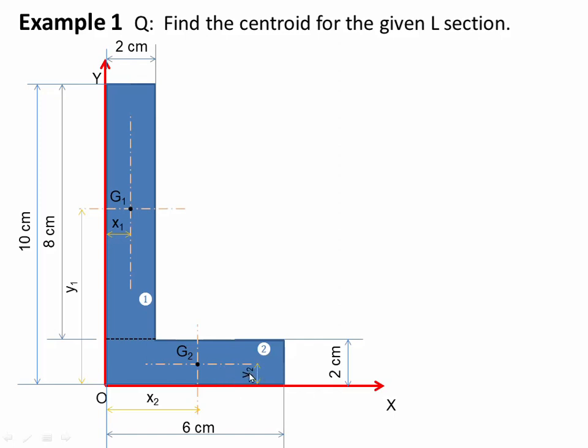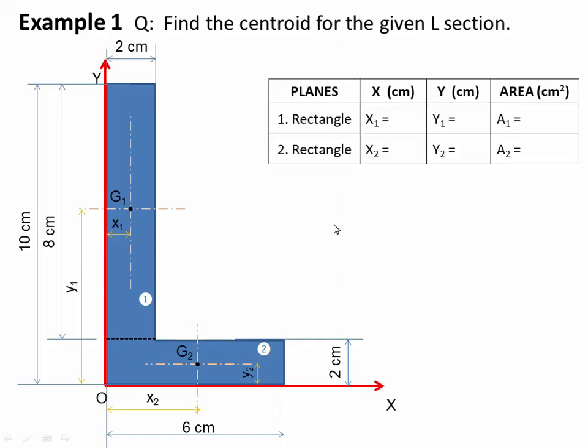Now write all the values of x, y for all the simple planes in a table along with the area. So x1 is 1 centimeter, y1 is 6 centimeter, x2 is 3 centimeter and y2 is 1 centimeter.